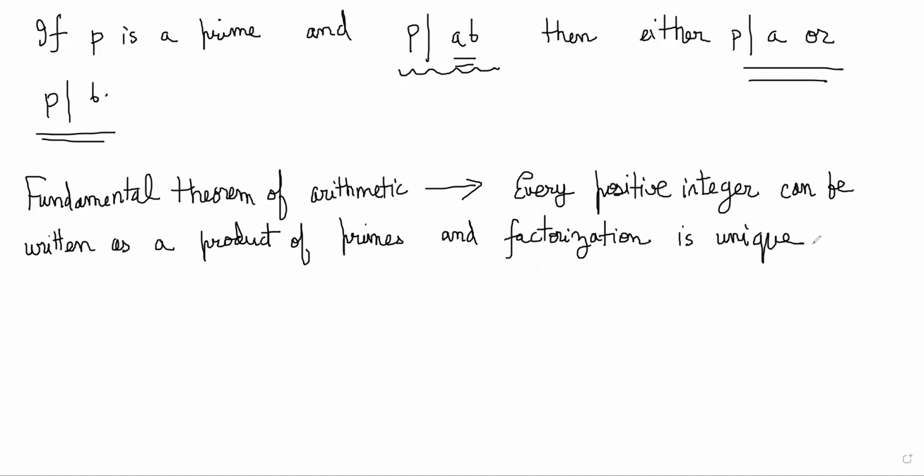If you discount the order of the primes, the factorization is unique. So there's only one way to write an integer as a product of prime numbers, as long as you ignore the order in which the prime numbers are written, right?